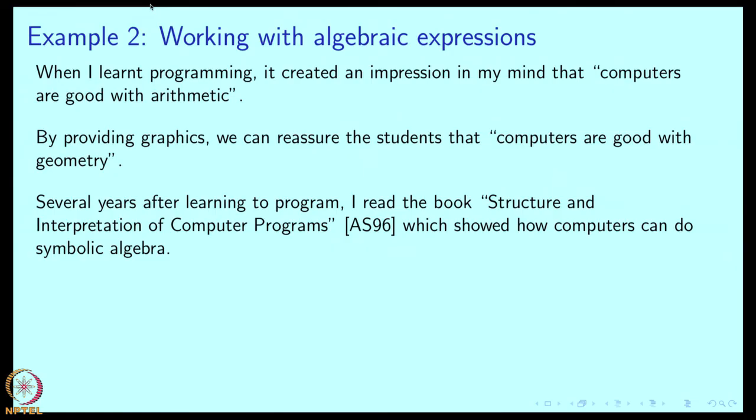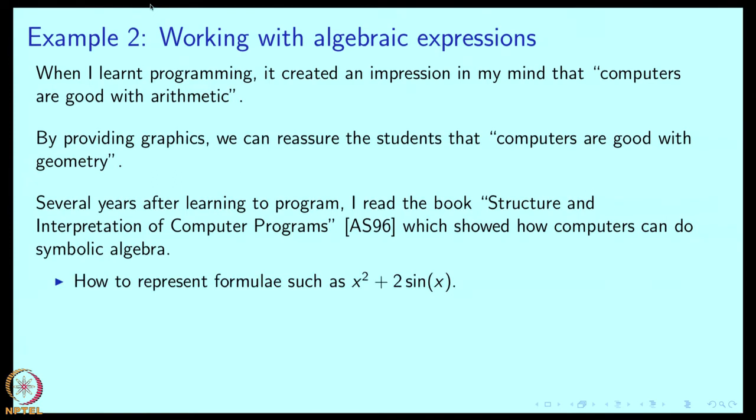Now, in my case, several years after learning to program in languages like Fortran and C, I read the book Structure and Interpretation of Computer Programs. This is a very nice book, by the way, and it teaches programming using the language Scheme. One of the first things that this book talks about is how computers can do symbolic algebra.